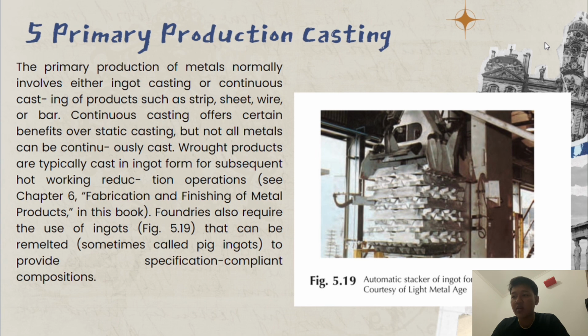Most products are typically cast in ingot form for subsequent working and reduction operations, fabrication, and finishing of metal products. Foundries also require the use of ingots that can be remelted, or sometimes hardened ingots, to provide specific composition.